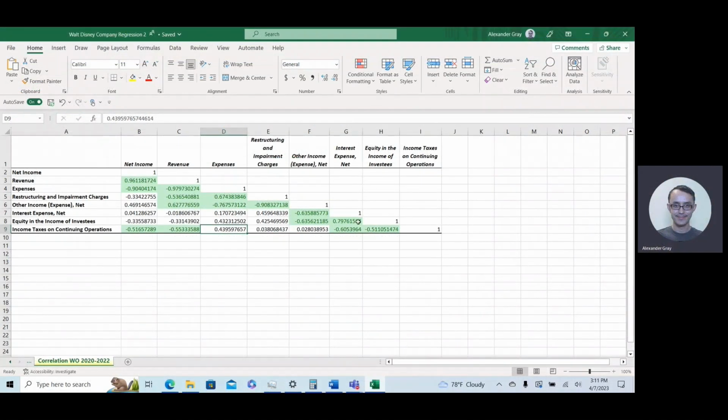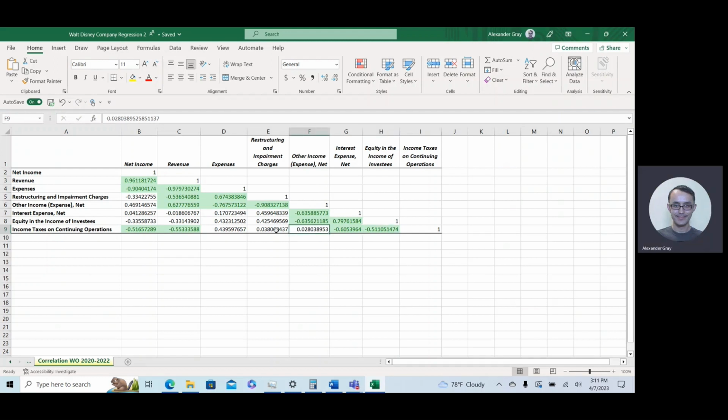This is the correlation without the years 2020 through 2022 added. And as you can see, the revenues and expenses correlate more strongly. COVID being a very off year offset these numbers quite a bit from the previous discussion.